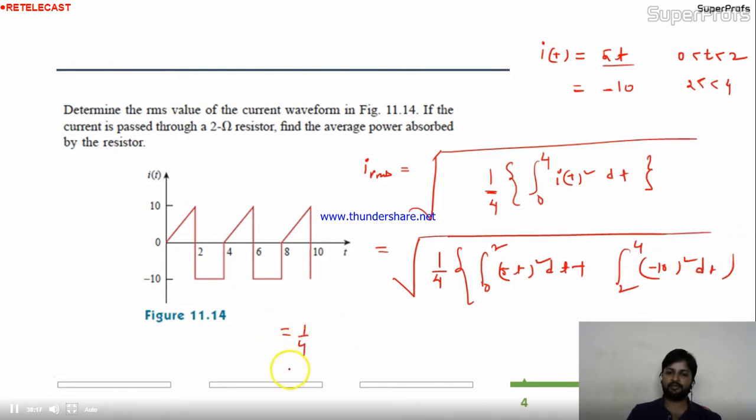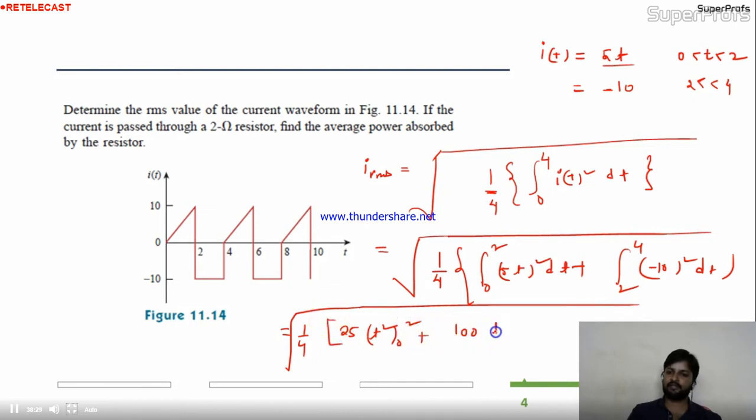So this is 1 by 4 under root. This becomes 25 t square from 0 to 2, plus 10 square, 100, into t from 2 to 4. Is it okay to you? So 1 by 4, 25 into 4 plus 100 into 2, if I am right.